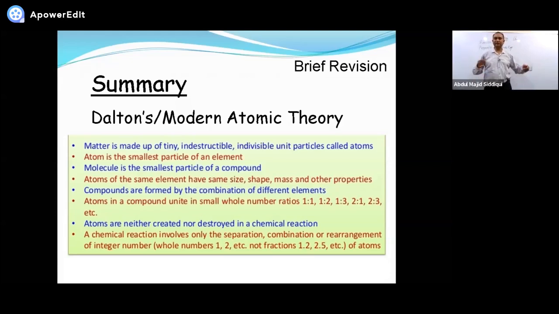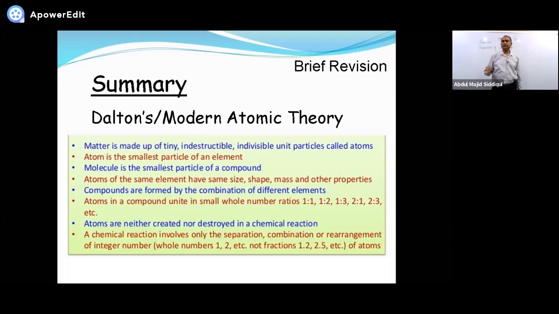It has electrons, protons, and neutrons, as you can see on the screen. Atoms of the same element are identical in shape. Atoms of different elements, like a piece of gold and a piece of silver, will be different. The atoms of gold will be different from the atoms of silver. This is according to Dalton's atomic theory.